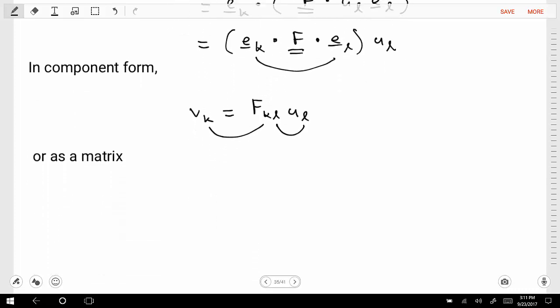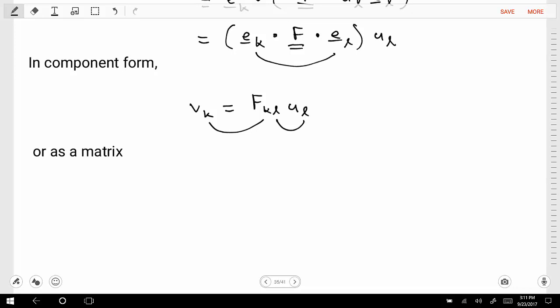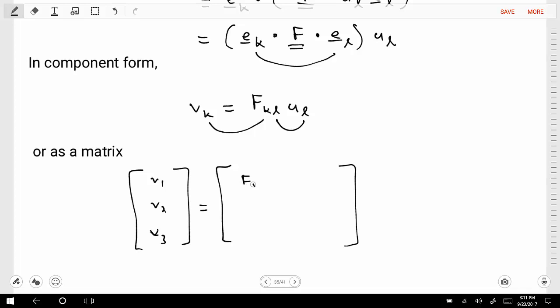Now, we can rewrite this in matrix form where our v, let's say it's v1, v2, v3, is one column and three rows. Our tensor F is F11, F12, F13, and so on, where the index k indicates the row and the index l indicates the column.